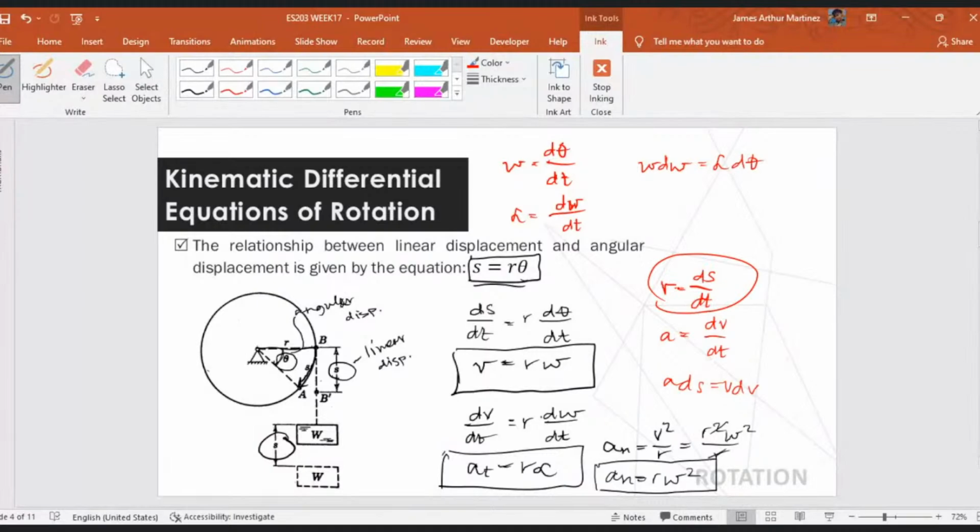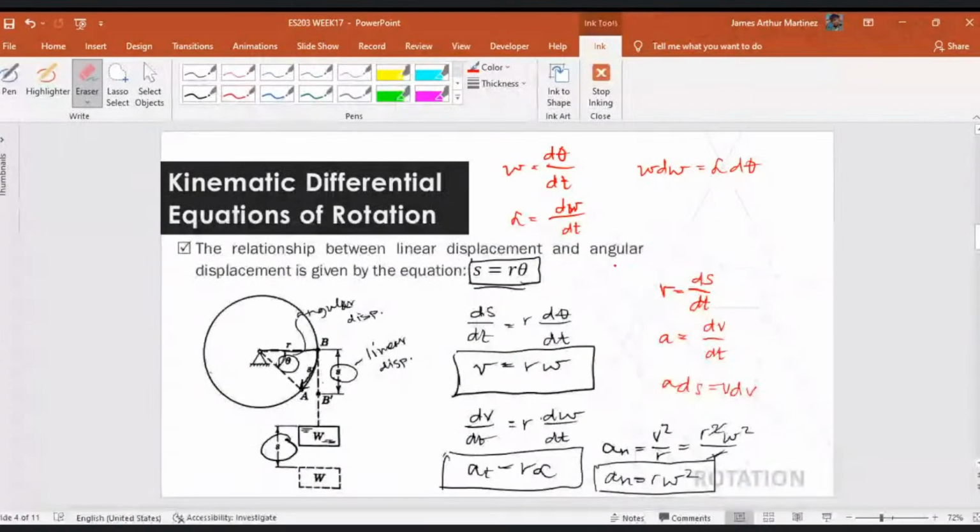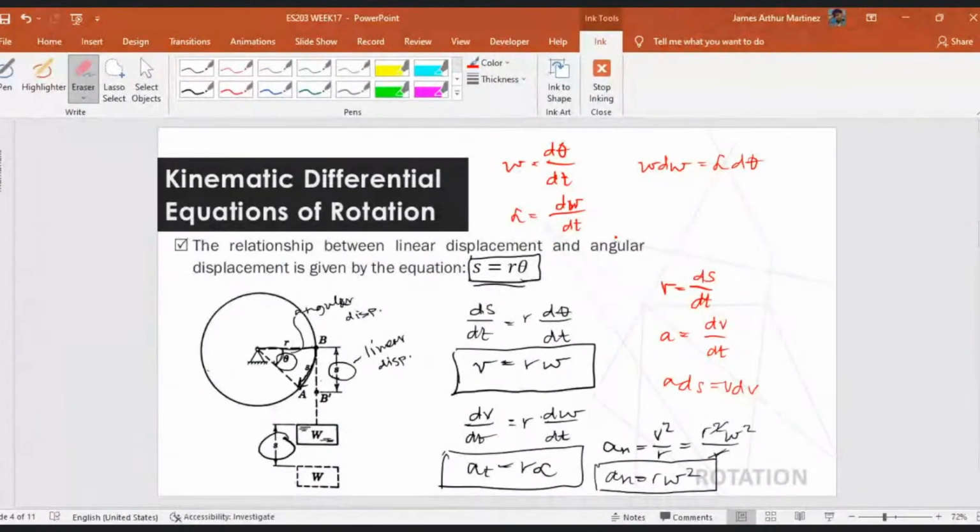So linear velocity is equal to the rate of change in linear displacement with respect to time. In rotation, we have angular velocity equal to the rate of change in angular displacement over time, and so on and so forth. So they are mathematically identical, which means that by principle they are the same, or our approach and analysis of this rotation topic is the same.